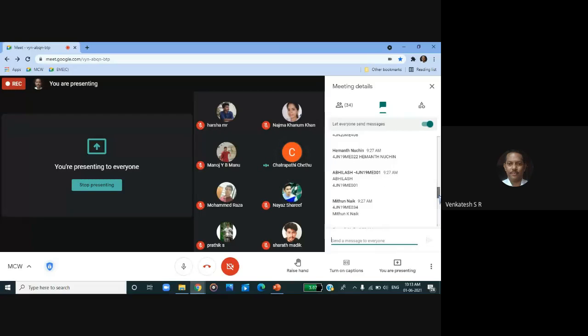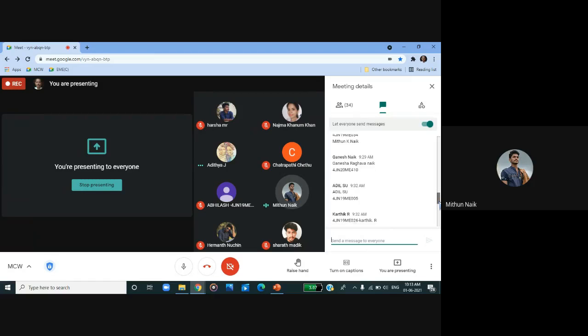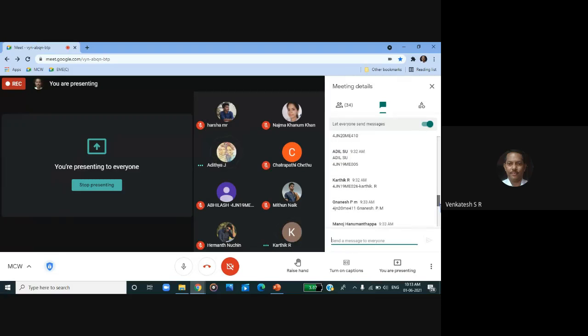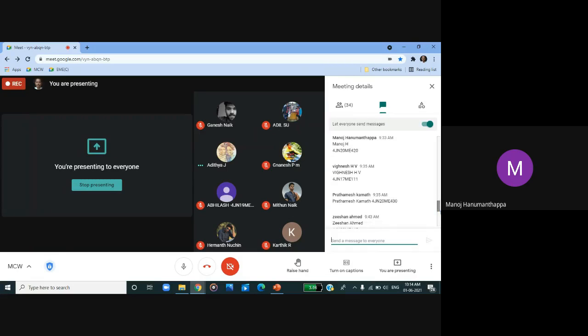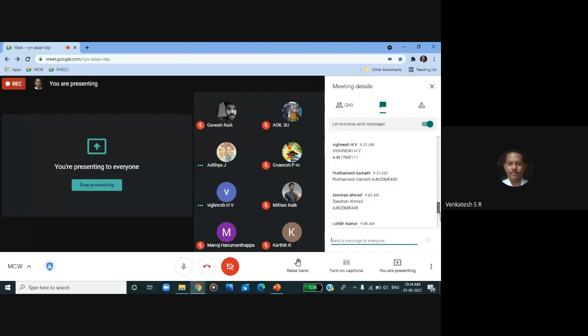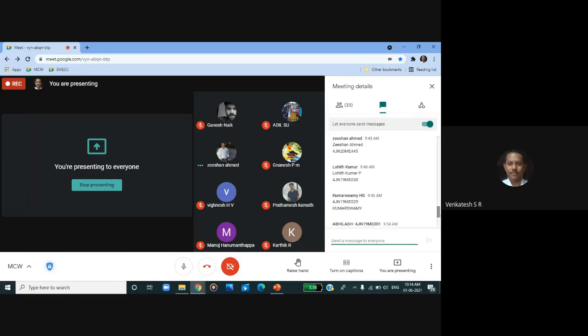Hemant. Present, sir. Abhilash. Present, sir. Mithun Naik. Present, sir. Ganesh Naik. Adil SU. Present. Karthik R. Present, sir. Manoj H. Present, sir. Vignesh HV. Present, sir. Prathamesh. Present, sir. Kishan Ahmad. Yes, sir. Lohit Kumar.